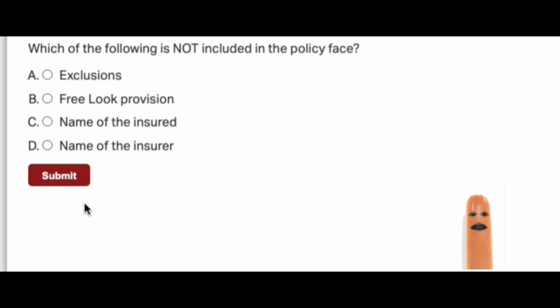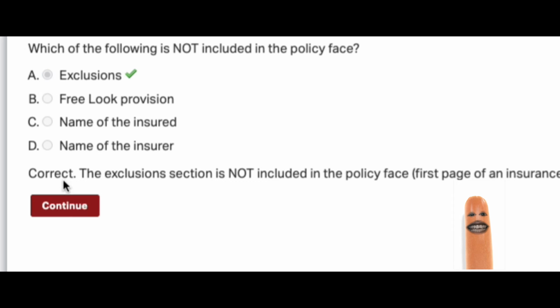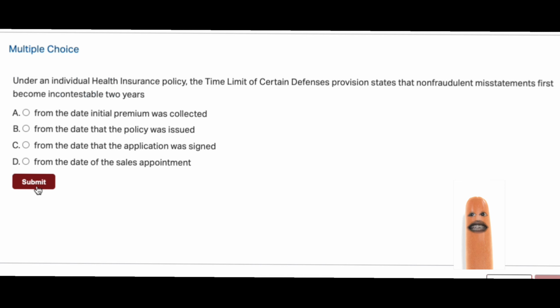All that is on the first page besides A, Bob, exclusion, for 50 points. Ding! Correct. It says the exclusion section is not included in the face of the policy, the first page of an insurance policy. That's right. Okay, next question, please.